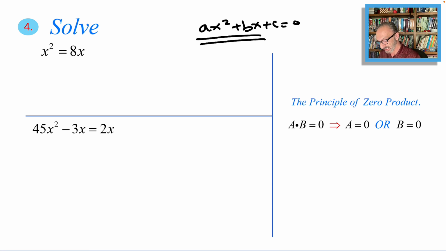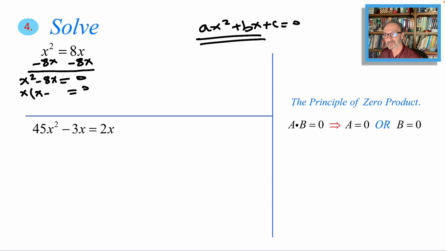So let's move the 8x to the left by subtracting 8x from both sides. Once you do that, I do have 0 on the right side, and the left is x to the second minus 8x. 0 on the right. From x to the second minus 8x, we could factor x out, and I have x left for the first term minus 8.